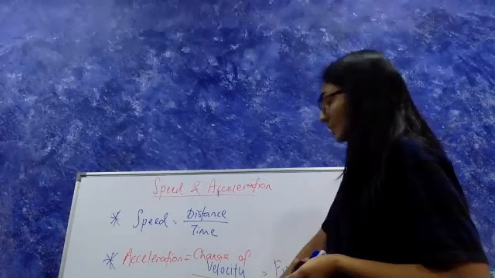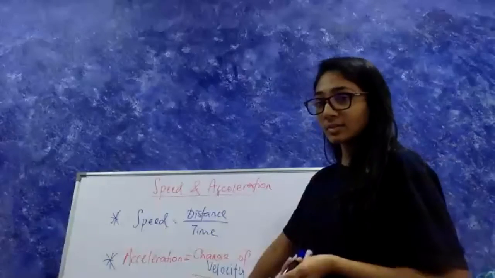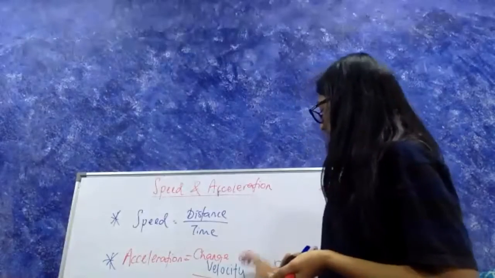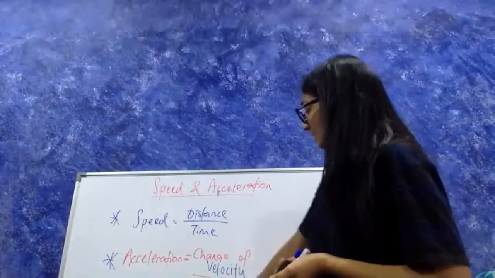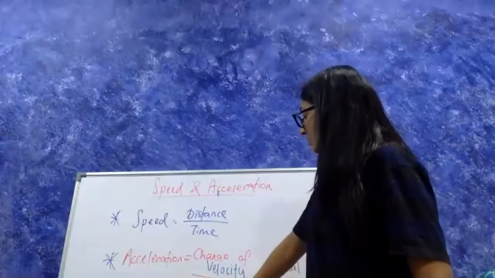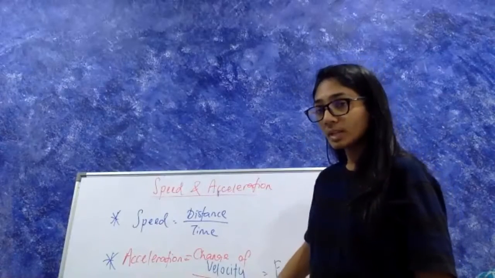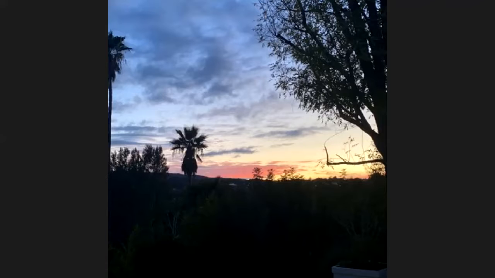Let's say I start with 60 kilometers per hour, but then end at 180 kilometers per hour. That means to find my change in velocity, I take my final, what I stopped with, my end of journey velocity, minus my starting velocity. Does that make sense?